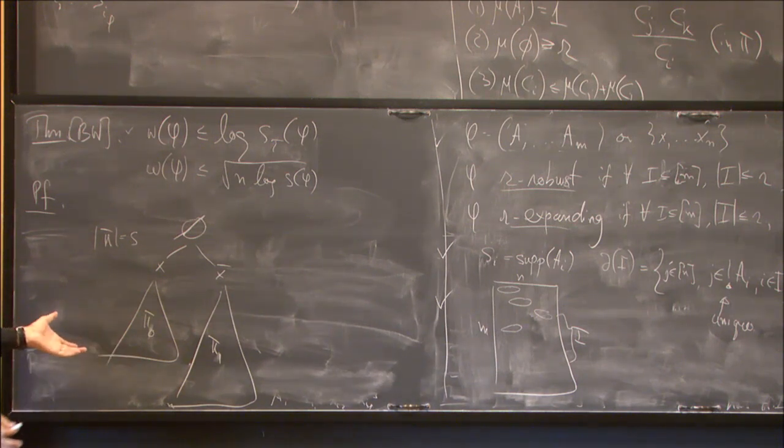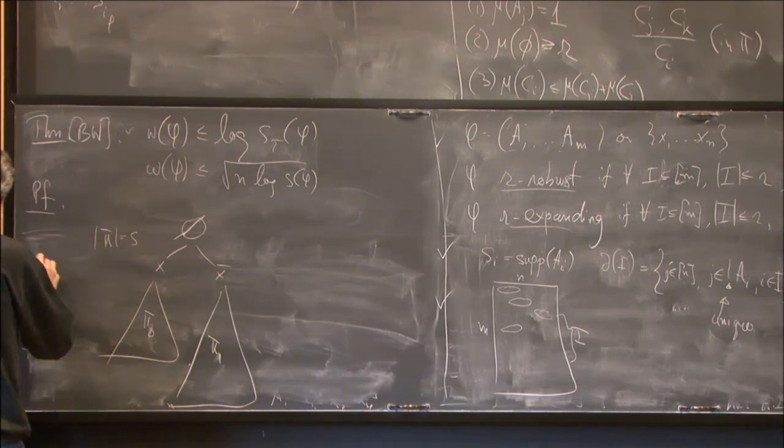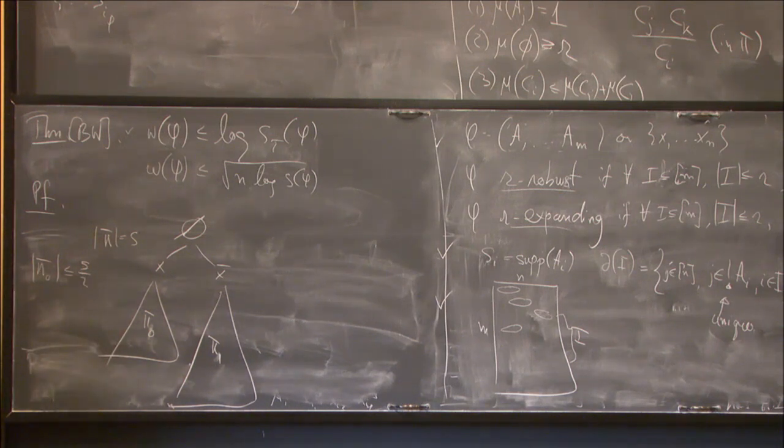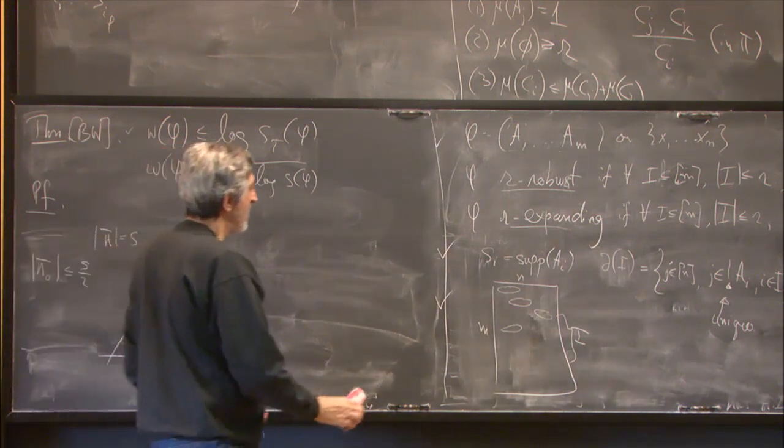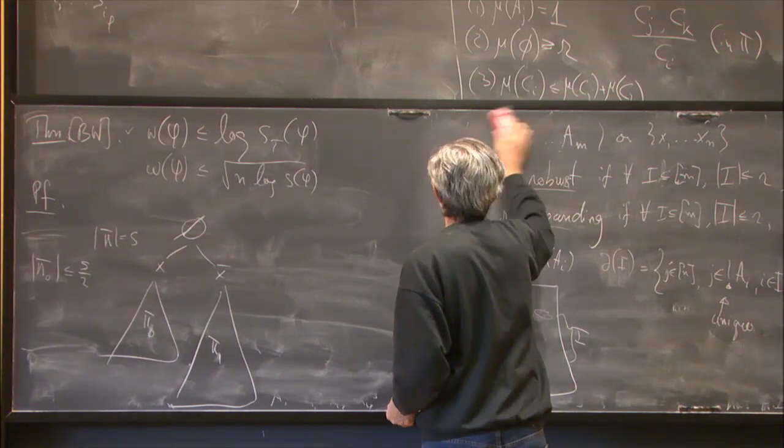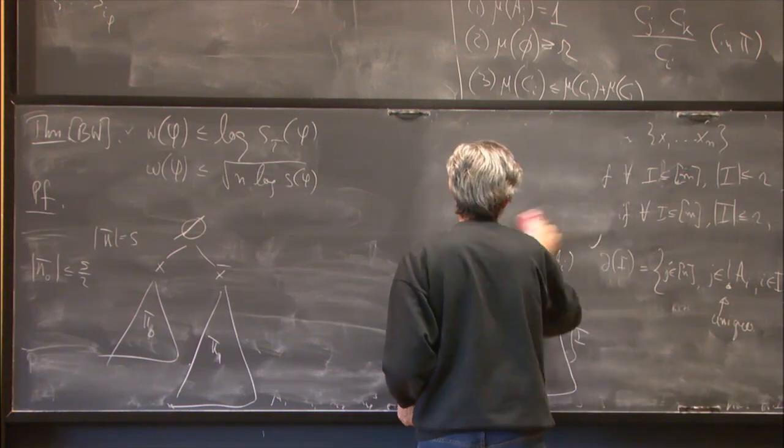Right, that's how a tree-like resolution proof looks. There's no loss of generality here, and moreover, because it's a tree, I can assume that one of them is at most S over 2. So now the proof is by induction on 2 parameters. One is S, and the other is n, the number of variables.